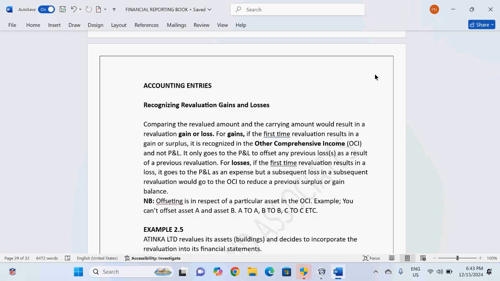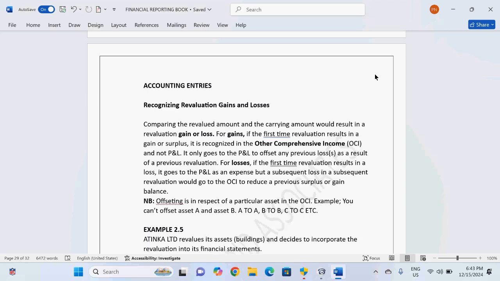I believe by now you know other comprehensive income is part of the profit and loss and other comprehensive income statement. So when the first revaluation results in a gain or a surplus, that would go to other comprehensive income as revaluation surplus.